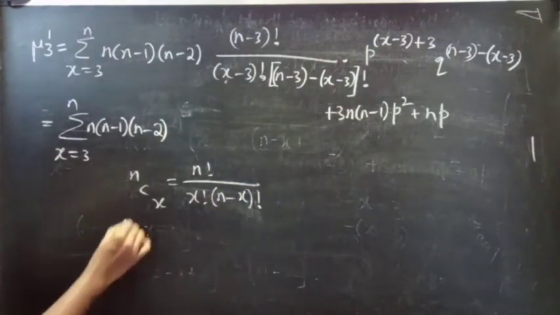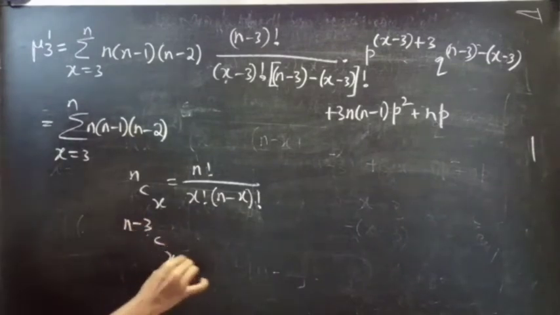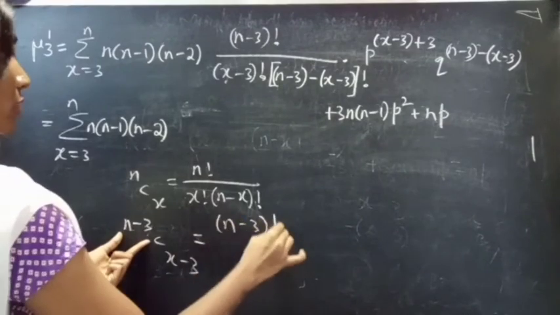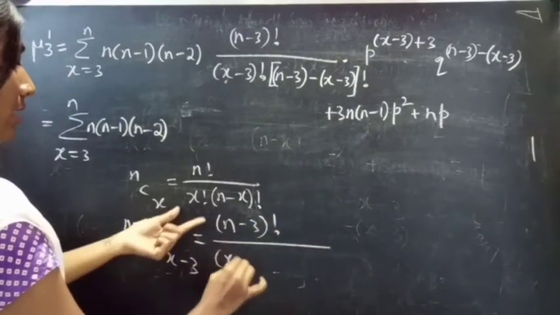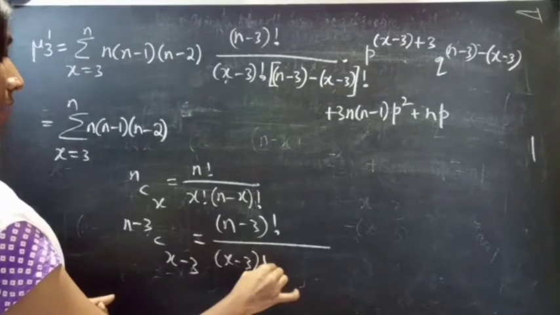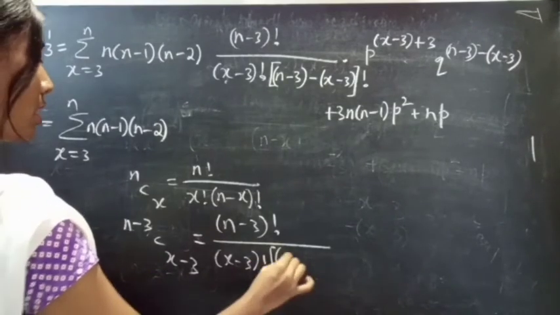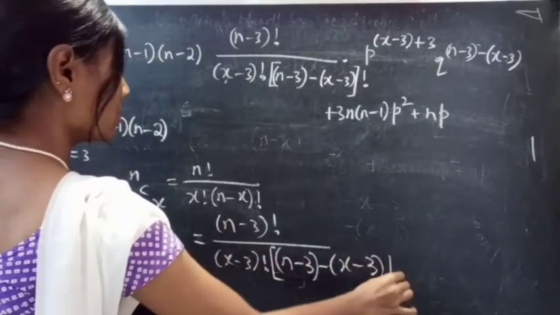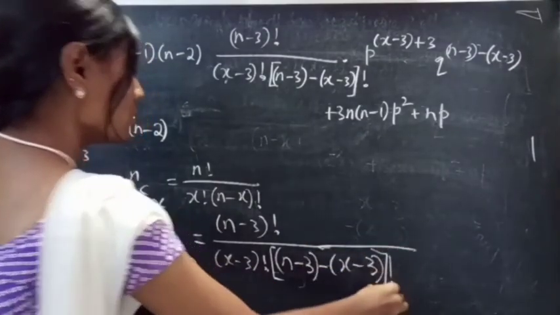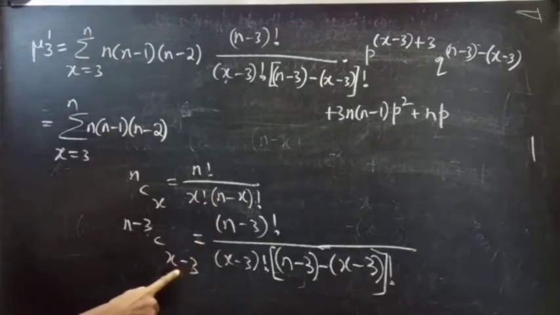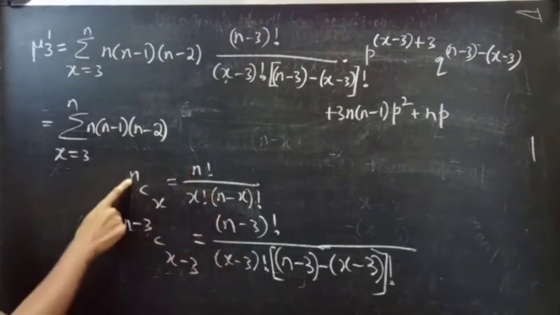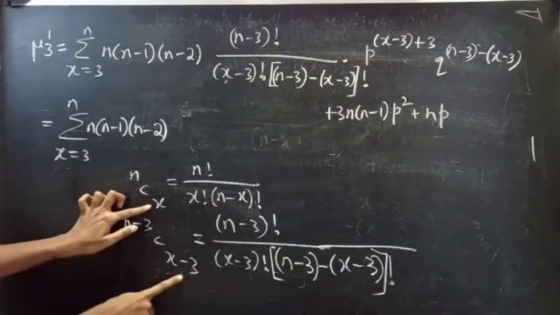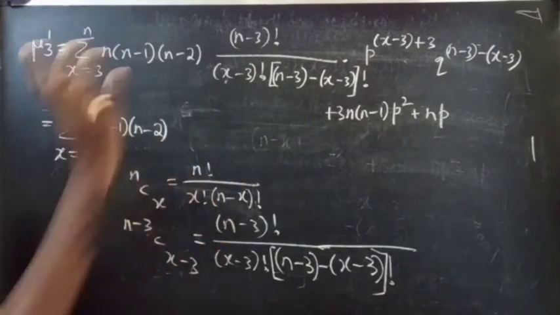So what could be for n minus 3 c x minus 3 equals to n minus 3 factorial by x minus 3 factorial into n minus 3 minus of x minus 3 factorial. Simply replace x by x minus 3 and n by n minus 3. Okay, we are replacing n by n minus 3 and x by x minus 3 in this formula.